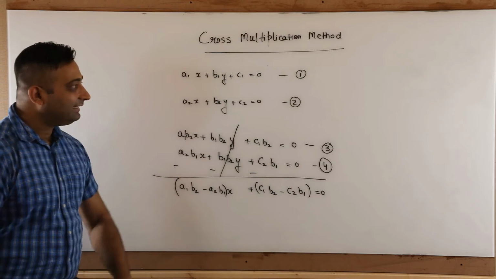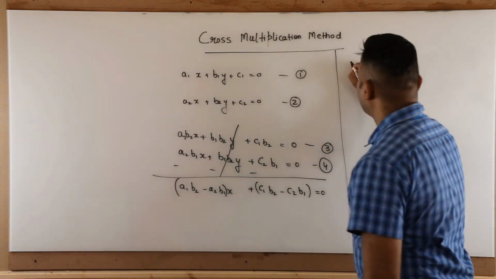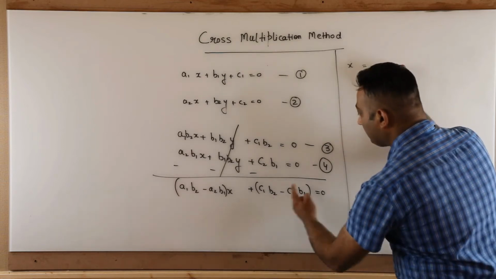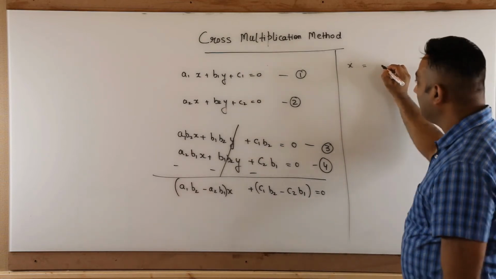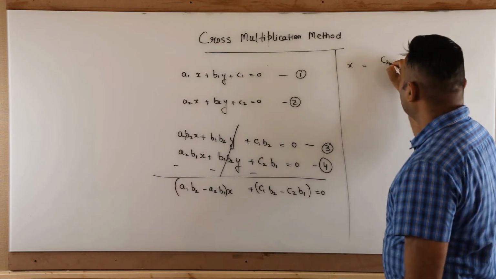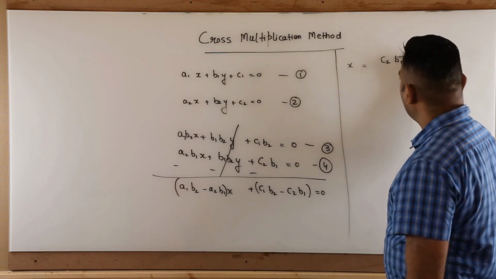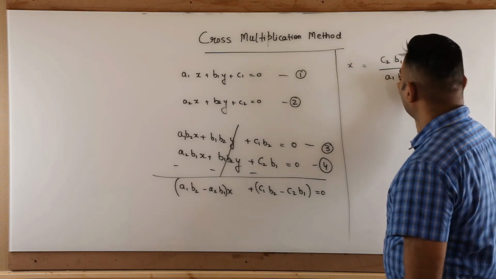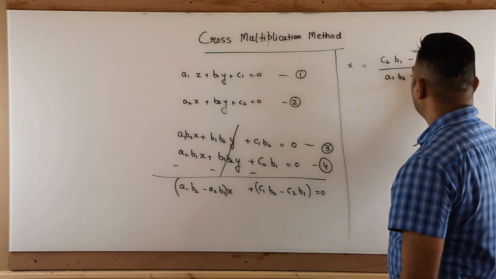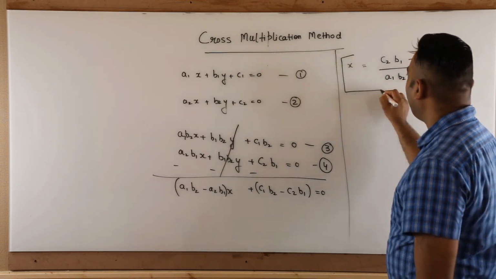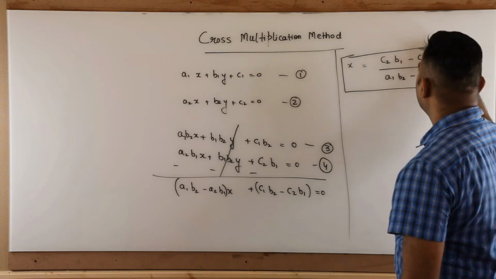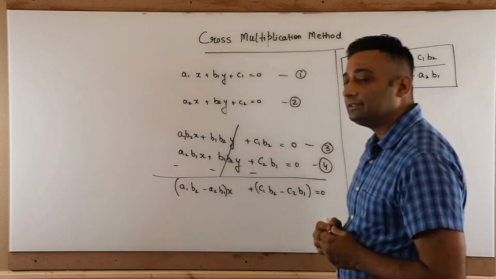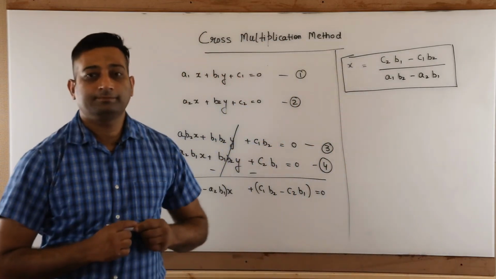So you can easily now find the value of x from this. x is equal to minus, when we transpose this to the right hand side, we'll take minus common and the terms will look like this: C2 B1 minus C1 B2 upon A1 B2 minus A2 B1. So we got x as C2 B1 minus C1 B2 upon A1 B2 minus A2 B1.